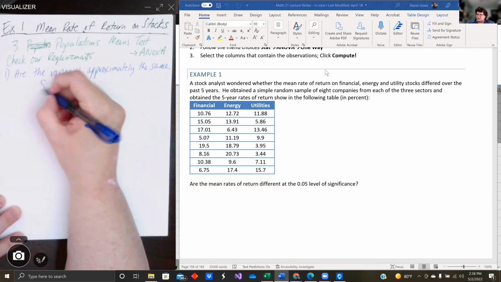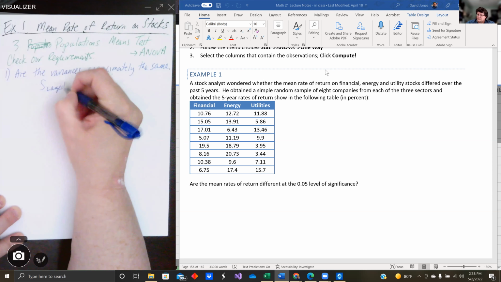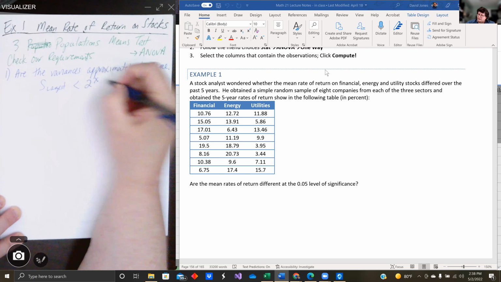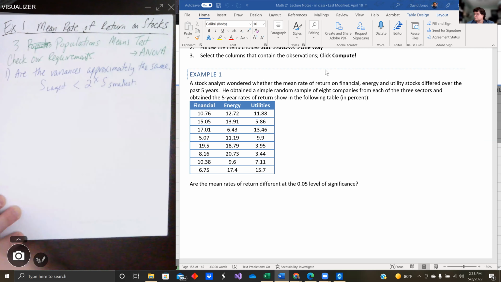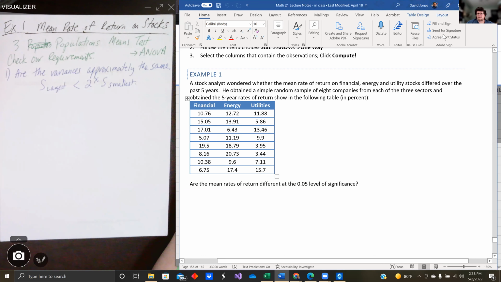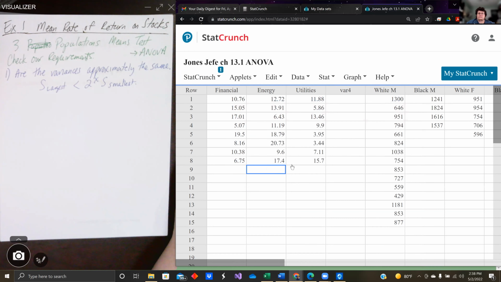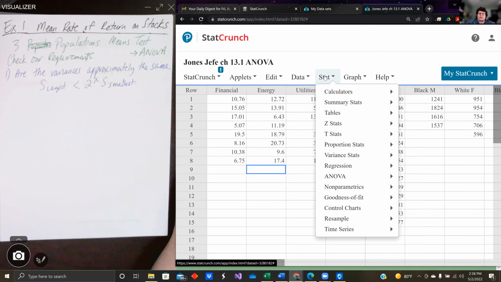So this is, S largest is less than 2 times S smallest. That's a good question, so I'm going to go test it.